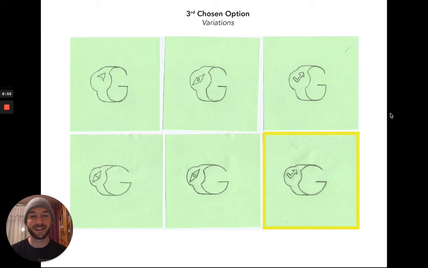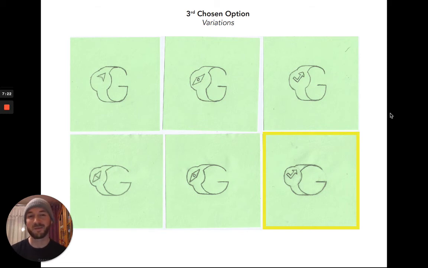But as you can see, the difference between the lower and upper rows is the bottom has a nice clean circle. The G is very visible, and then in the upper, the G is kind of squeezed. I felt that in the bottom there was a lot of visual weight on the left, and I wanted to bring that in a little bit, and so the upper is doing that.